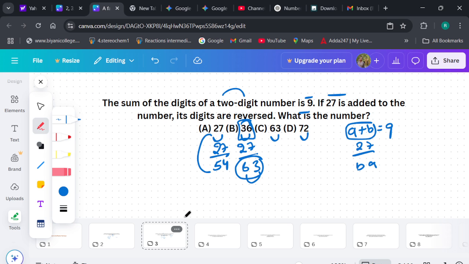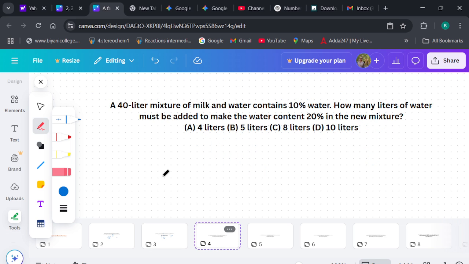All right. Next question. A 40-liter mixture of milk and water contains 10 percent water. I am going a little fast because I have to complete my video, but you can pause and watch if you have not understood. The mixture is milk and water combined, and 10 percent is water. What is 10 percent of 40? 4 liters is water, so the remaining 36 liters is milk.